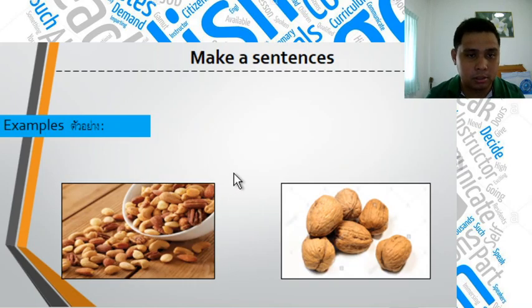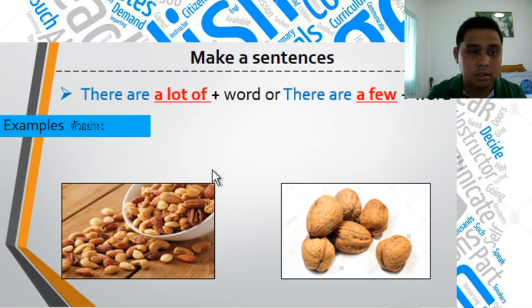So making sentences is like this: there are a lot of plus the word. This word is the word that we practice. Or there are a few plus the word. So remember, there are a lot of plus the word. Then we have here, there are a few plus the word.